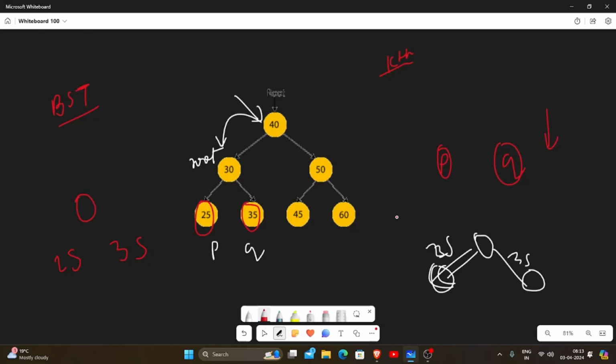Also, there can be a second case where both P and Q are on my right subtree. Let's say I have to find 45 and 60. I'm at 40. Since 40 is lesser than both P and Q, that means P and Q reside on the right subtree and I can move my root to here.